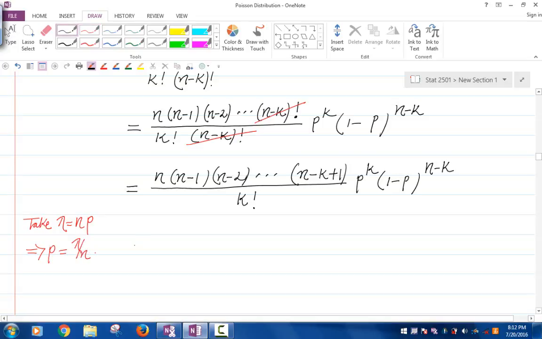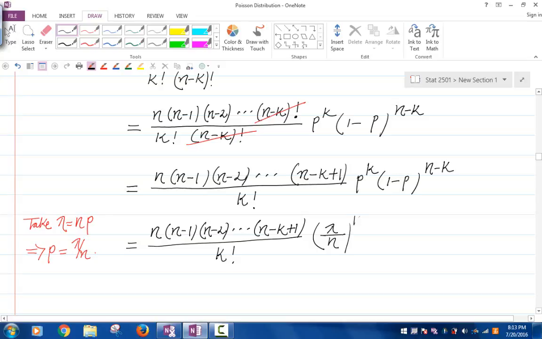So let's plug that into our expression of the PMF. So I'm going to write n, n minus 1, n minus 2, dot dot dot, n minus k plus 1, over k factorial. So p would be lambda divided by n to the k, 1 minus lambda over n to the n minus k.